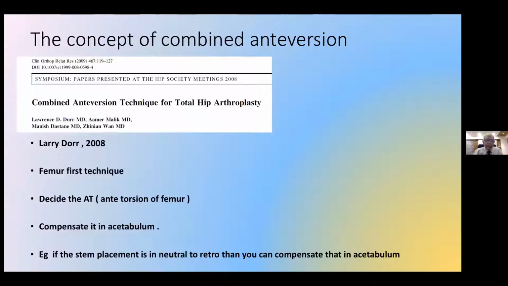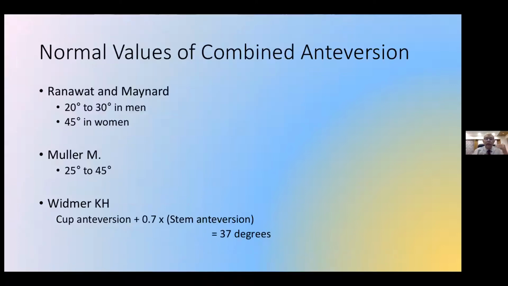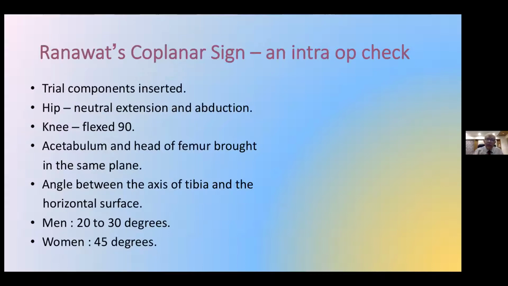If the stem placement is neutral to retro, then you can compensate that in the acetabulum. This was a combined anteversion concept, which later on, a number of other authors also gave us a figure that you should keep in mind. Even Ranawat suggested an intraoperative test known as the coplanar test, where on table you can decide and see that 20 to 30 degree in a man and about 45 degree in women.